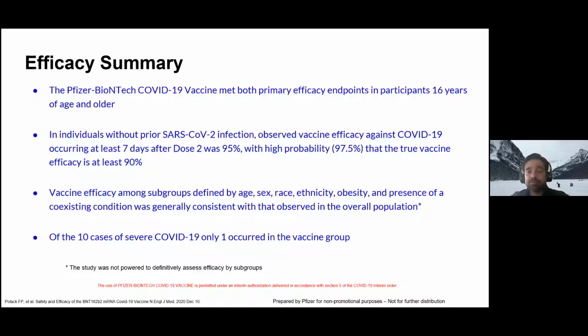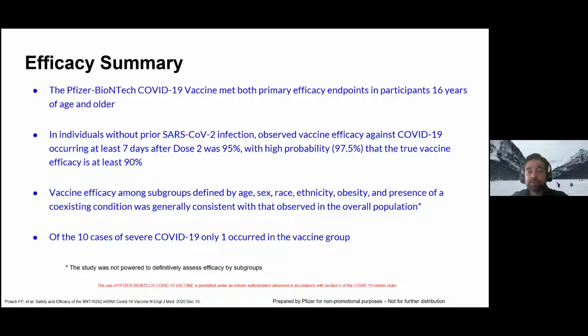So here I would like to just summarize this section. Once again, this trial met both primary efficacy endpoints. The vaccine was able to prevent disease in 16 years of age and older. The vaccine efficacy was calculated to be 95%.